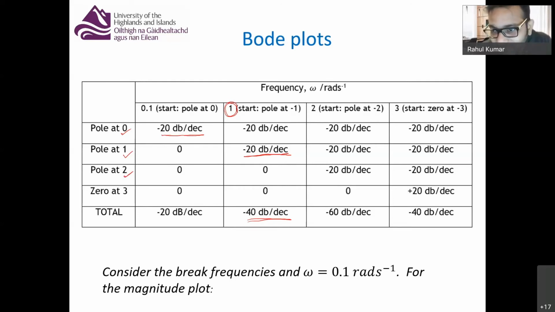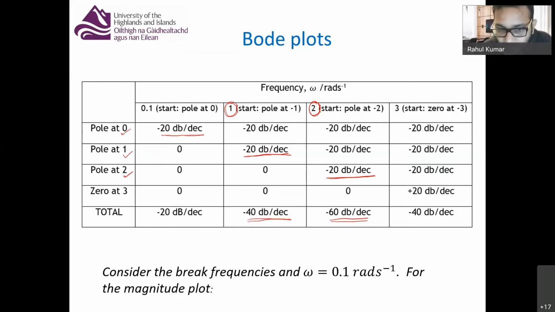So the next break frequency will be at 2 radians per second. After 2 radians, you will have an additional slope of minus 20. So altogether you will have a slope of minus 60, right? That means after 2 radians your slope further reduces to minus 60 dB per decade, the overall cumulative effect.